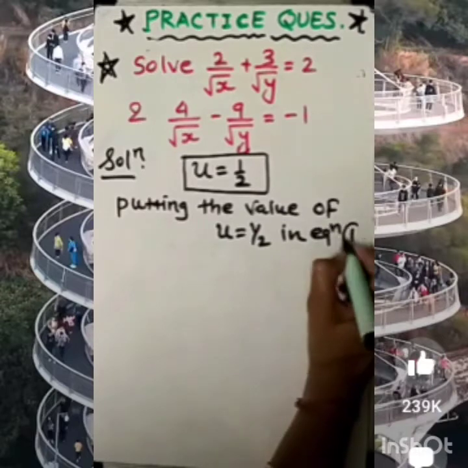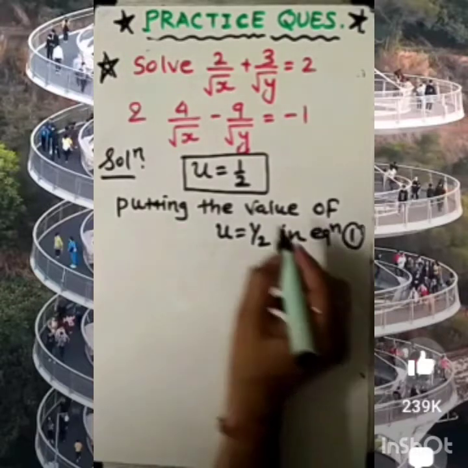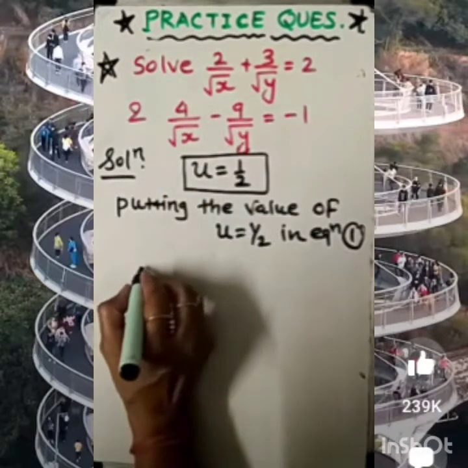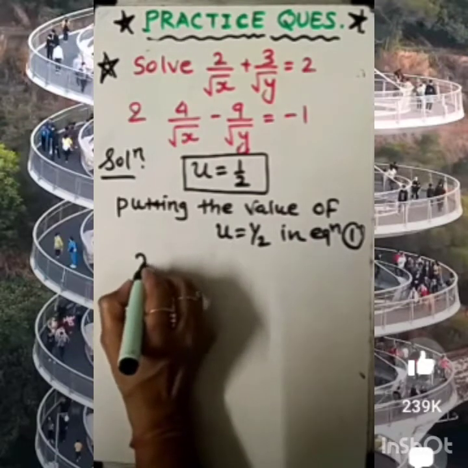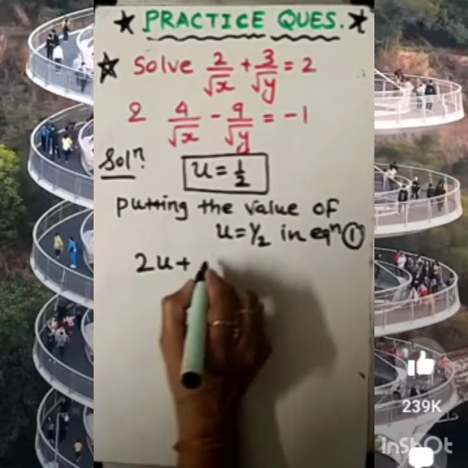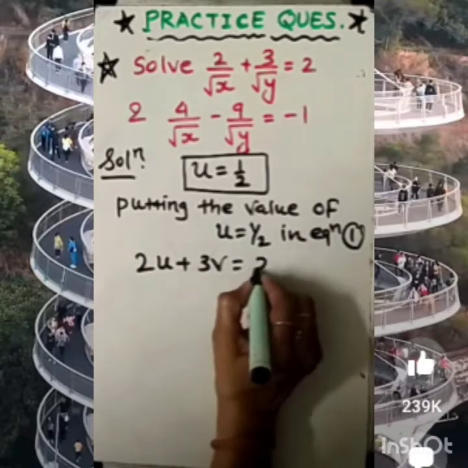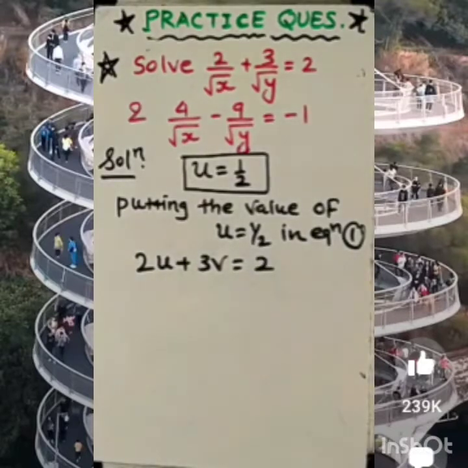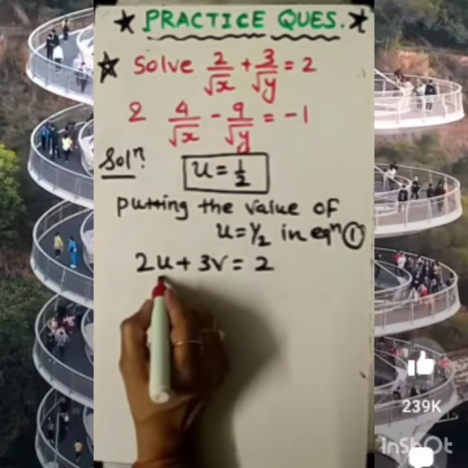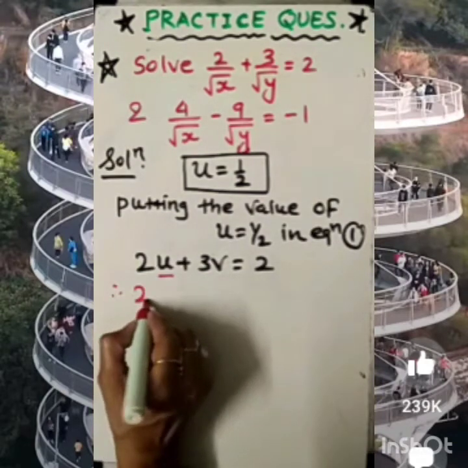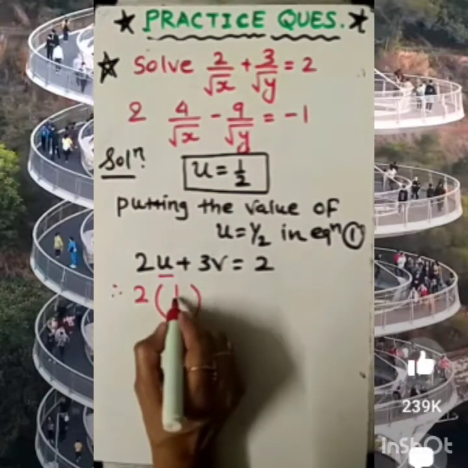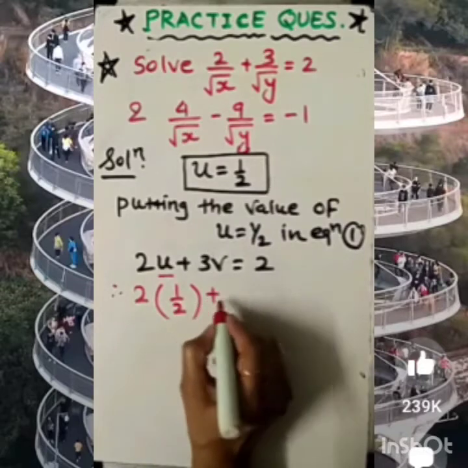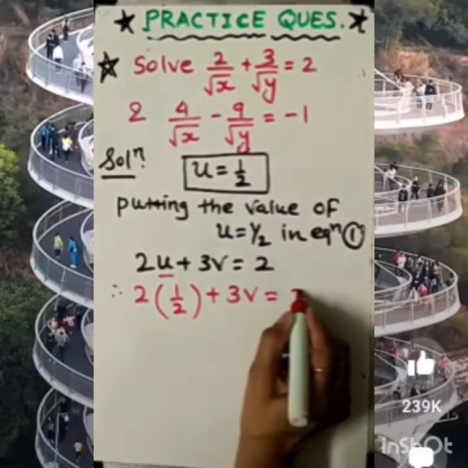Any one of the equations we can put. So I am choosing here the first equation. So our first equation was, we have already written, that was 2u plus 3v equal to 2. Fine. Now in this we are going to substitute the value of u. So dear student, here 2 in bracket the value of u is 1/2, here 3v equal to 2.